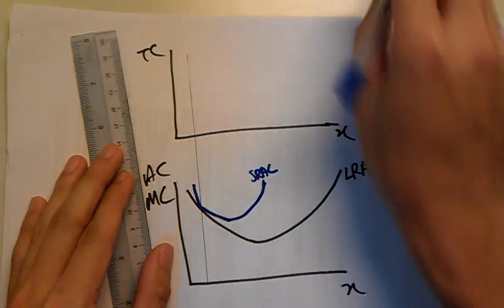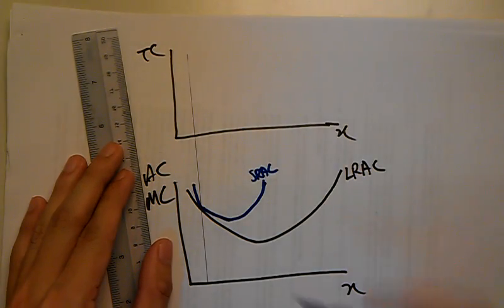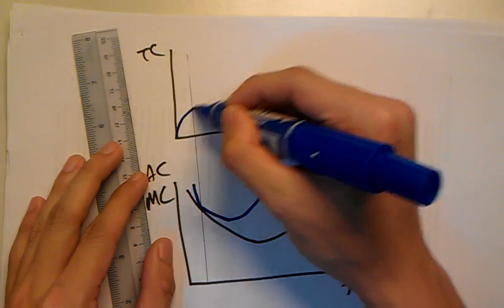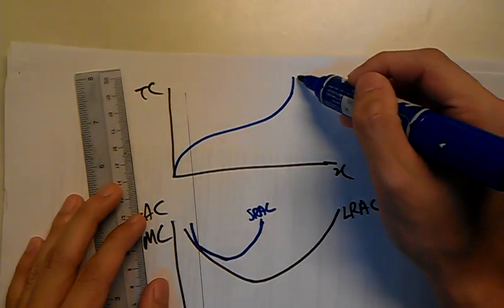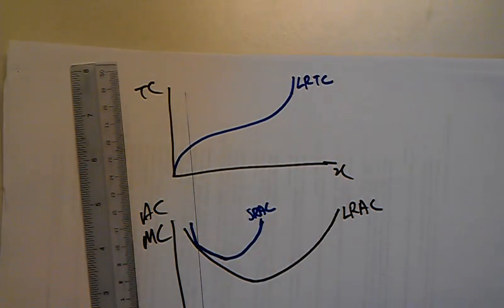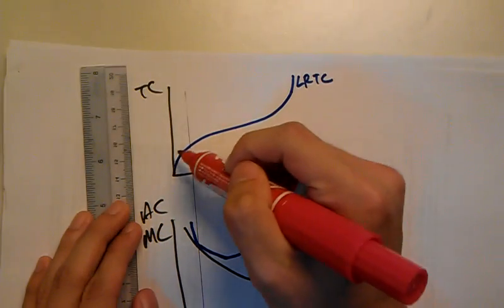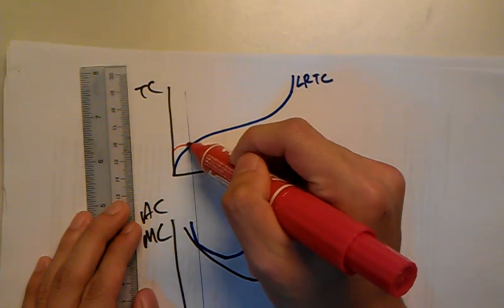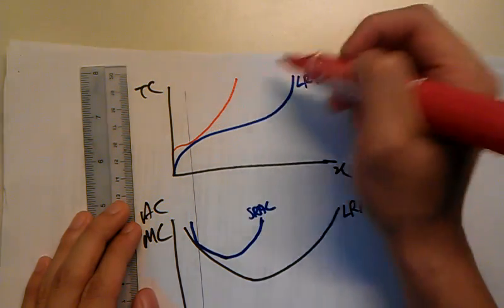Now that we have this point, we can continue to draw our total cost curves. This is your long run total cost. Long run total cost will always start at the origin. And this is your short run total cost.